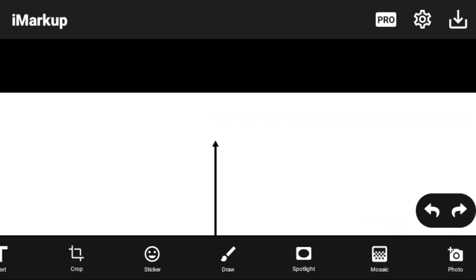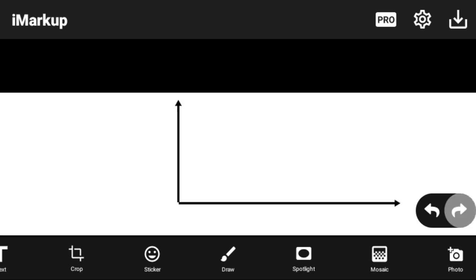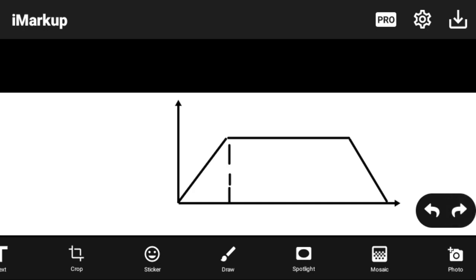So you're supposed to draw the speed time graph like that. I'll draw my speed time graph here like that, then like that. Then you put the dotted line like that.